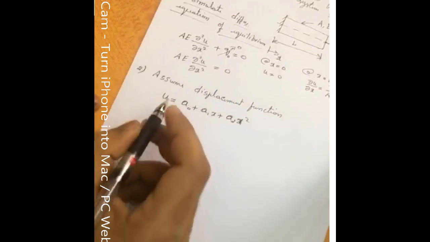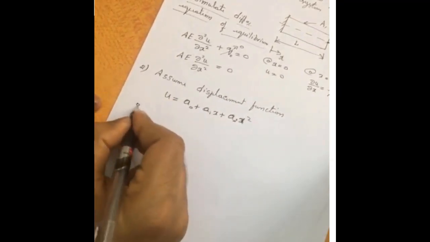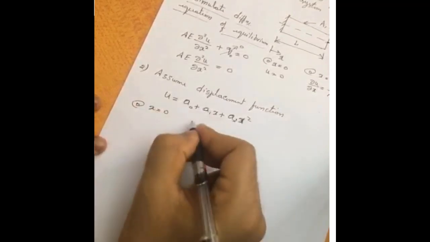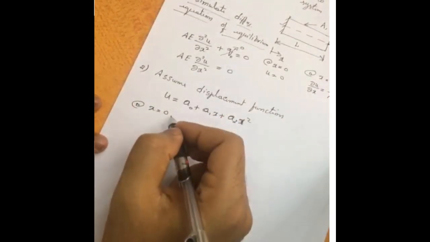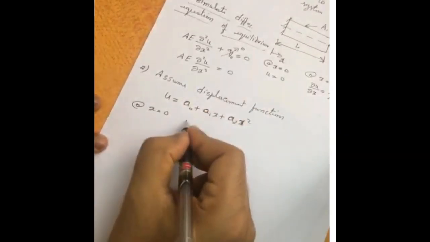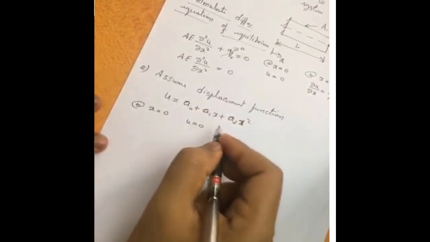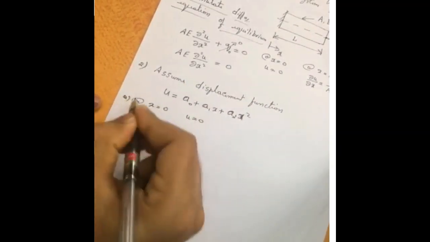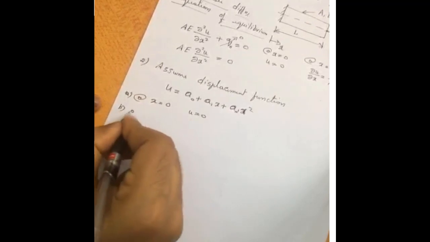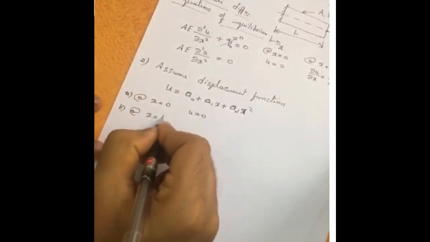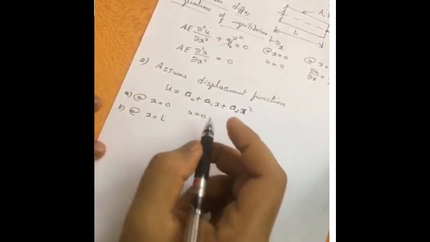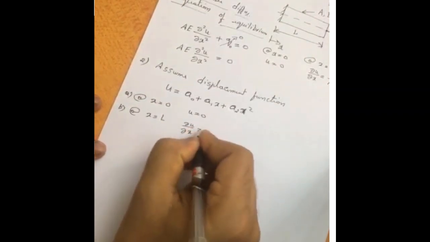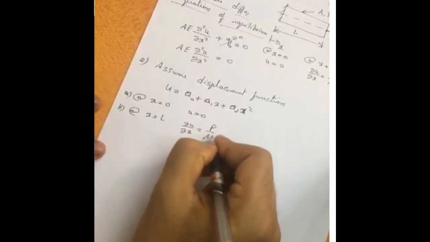Now at x is equal to 0, if we substitute x is equal to 0, we have u is equal to 0. That is the first boundary condition. The second boundary condition is at x is equal to L, dou u by dou x is equal to P by AE.